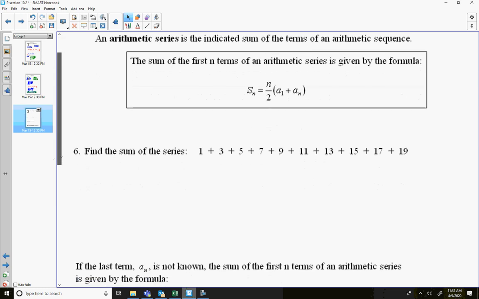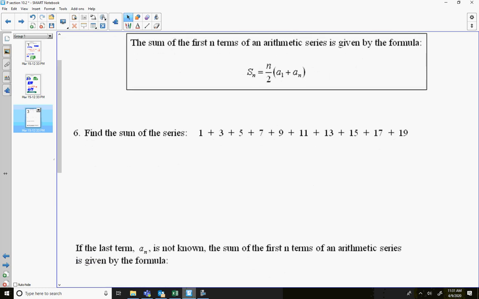All right, so for number 6, we're going to work this problem out using the formula, but also kind of prove the formula at the same time. Find the sum of this series. First, recognize that it's counting by 2's. So the common difference is 2, which means it is an arithmetic sequence that's being added. Hence, it's an arithmetic series. There are 1, 2, 3, 4, 5, 6, 7, 8, 9, 10 terms.